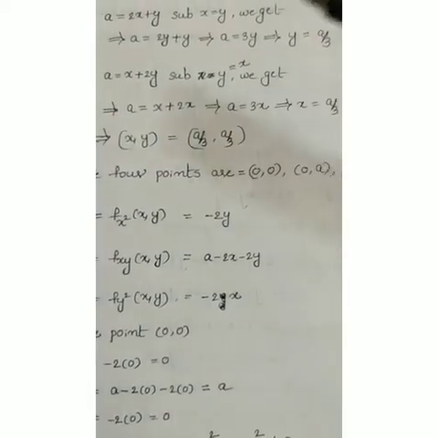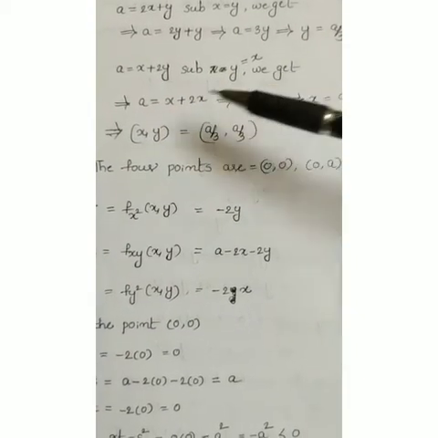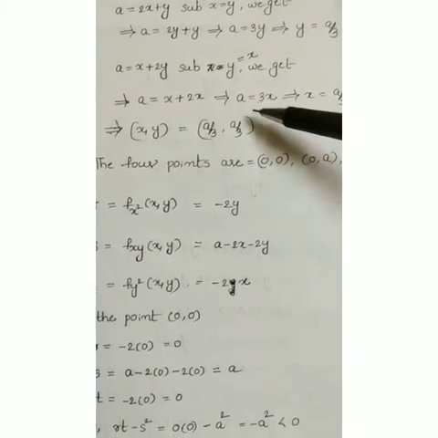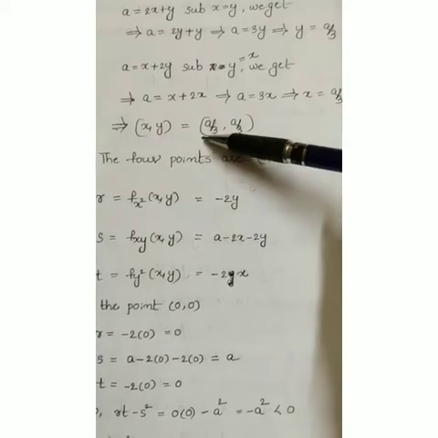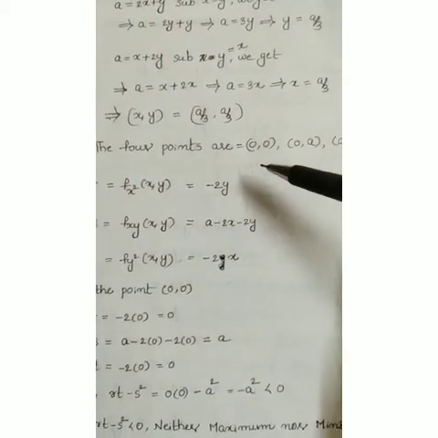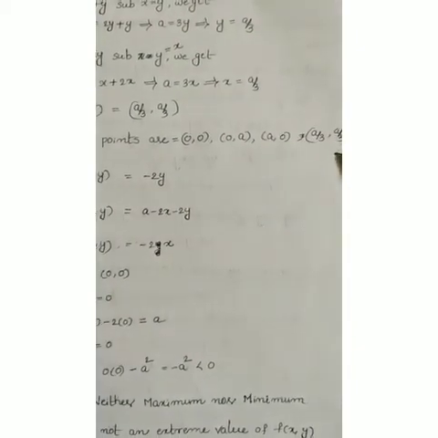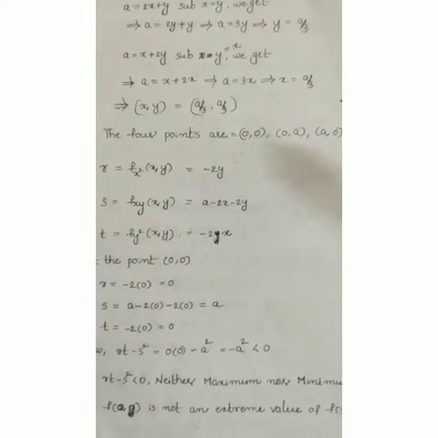Then y equal to a by 3. And a equal to x plus 2y, substituting y equal to x, we get a equal to x plus 2 into x, that is a equal to 3x. Then x equal to a by 3. So here we get the point a by 3 comma a by 3. So therefore the 4 points are 0 comma 0, 0 comma a, a comma 0 and a by 3 comma a by 3. Now we have to find out whether the maximum and minimum values are at these 4 points.